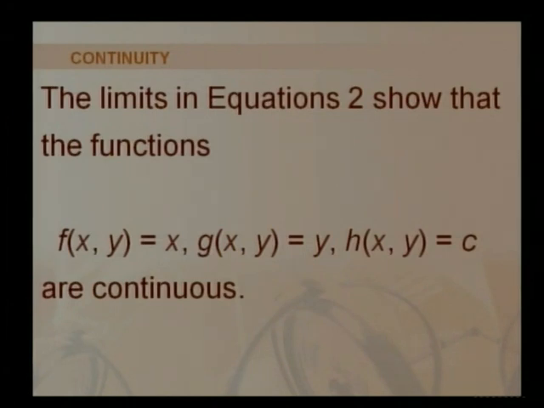The limits in equation 2 show that the functions f(x, y) equal to x, g(x, y) equal to y, meaning only a variable of y, and h(x, y) a function of a constant value, are continuous.